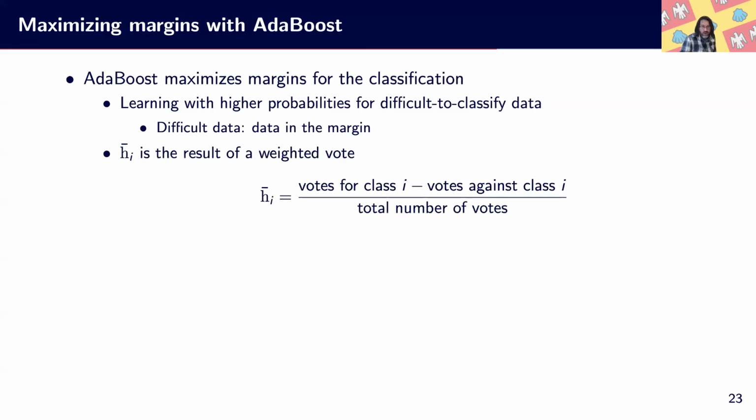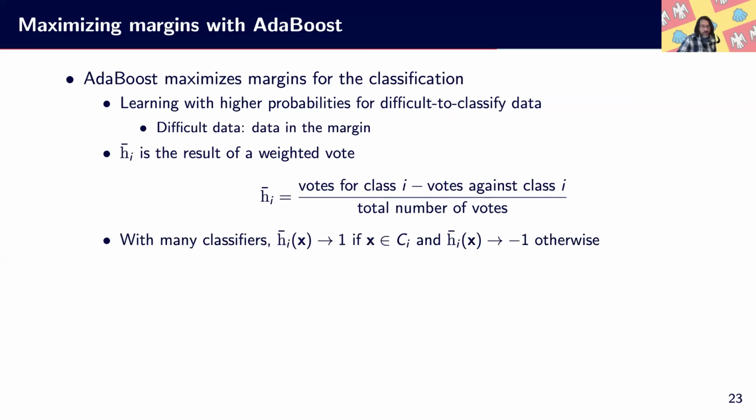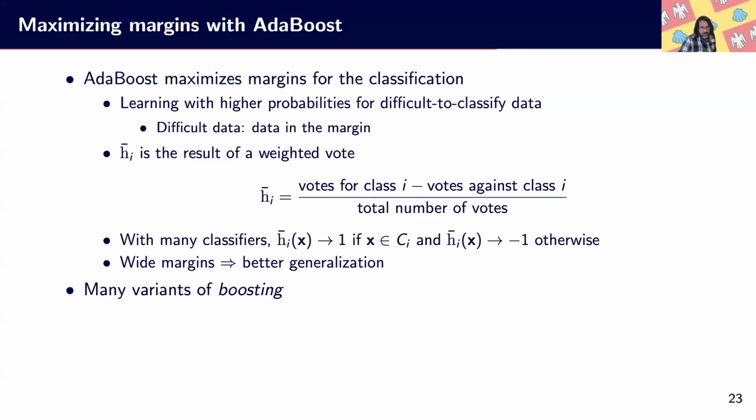We make use of a weighted vote because H bar is a weighted vote, and we compare the for and the against class. With many classifiers, we can get a good decision. If we are in the class, H bar should tend to 1, and if we are in the other, against class, it goes to -1. So a wider margin leads to better generalization.